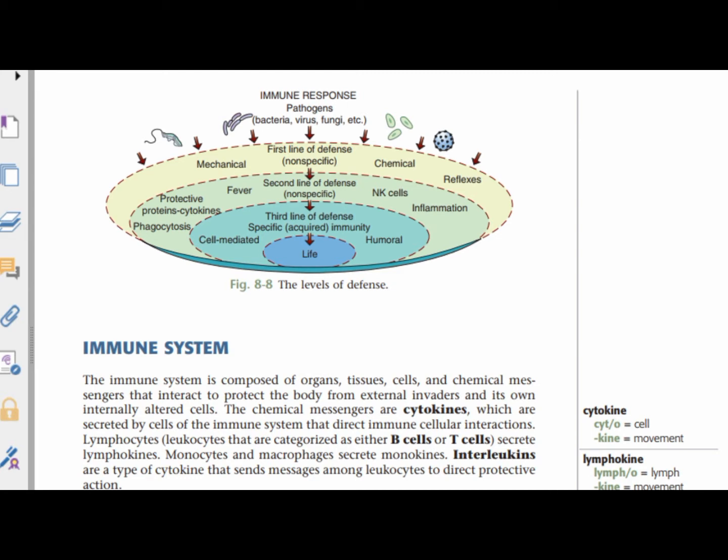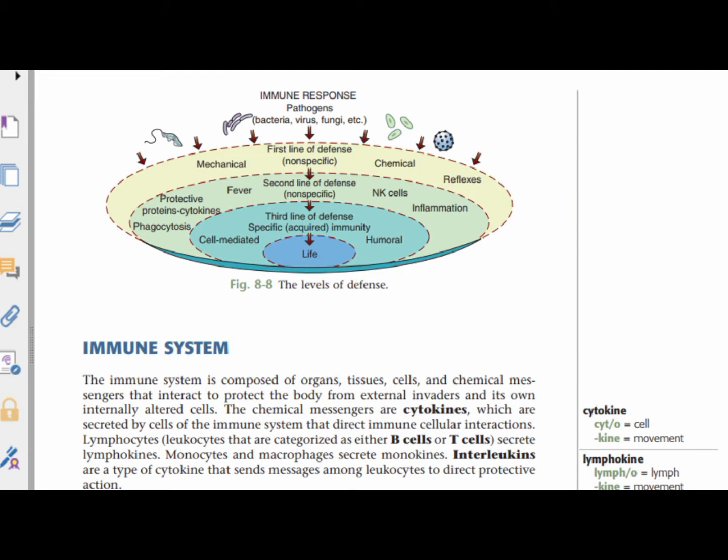When you talk of non-specific immunity, it is our line of defense which targets not only the bacteria but could also damage the good cells. That's why it's called non-specific. It's just like throwing a grenade at a soldier who is in the middle of the market.